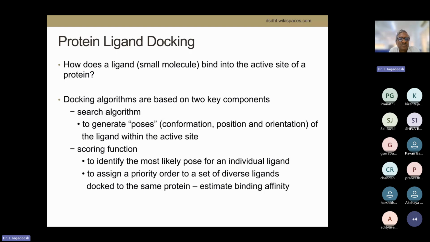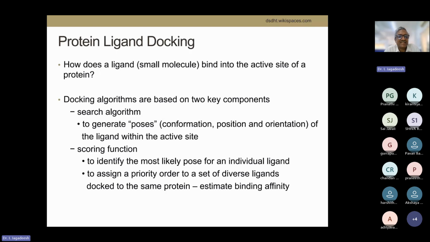Another component is the scoring function. The scoring function is to identify the most likely pose for the individual ligand. So one ligand has multiple poses, another ligand has very few poses. That is the reason we need to assign the score for the most likely pose of the individual ligands.